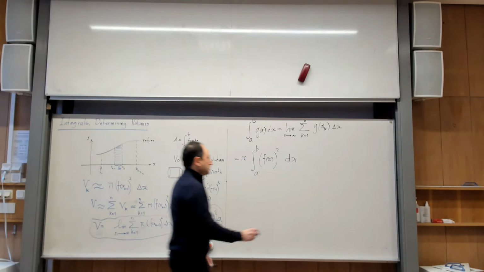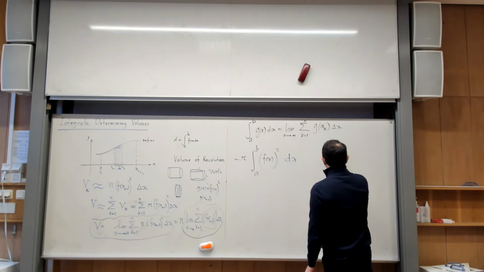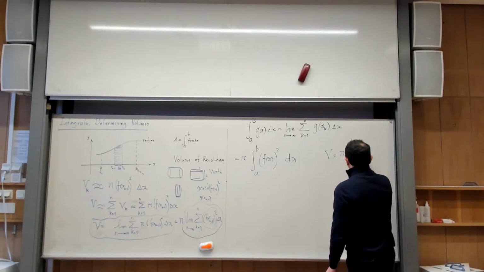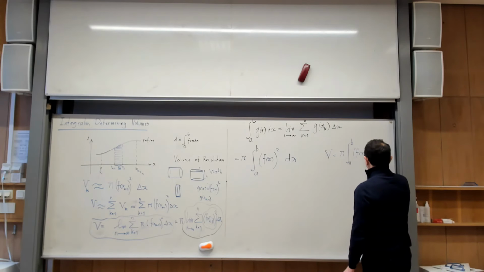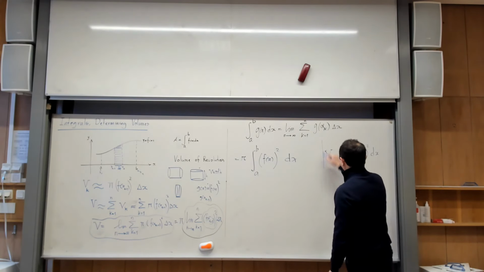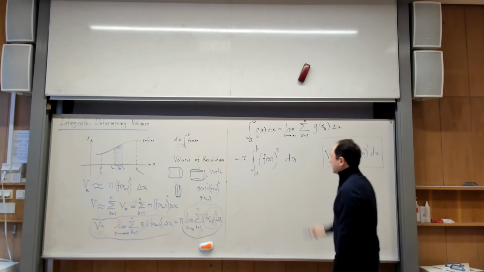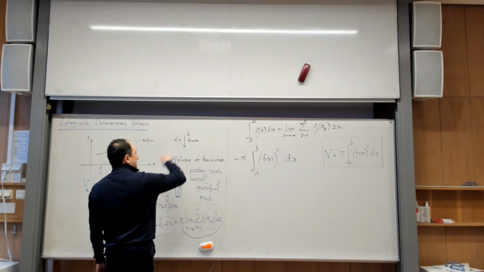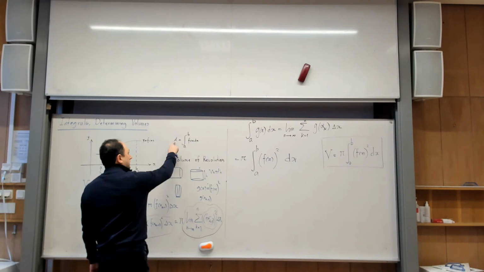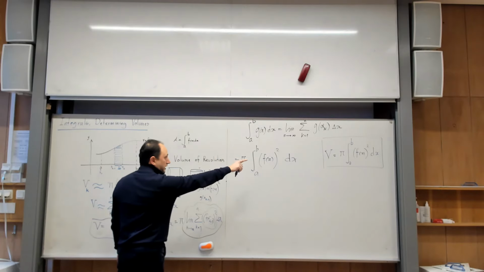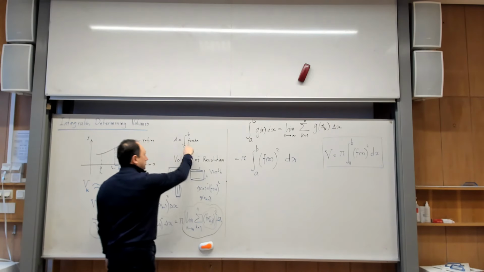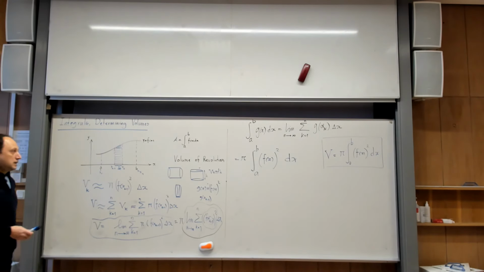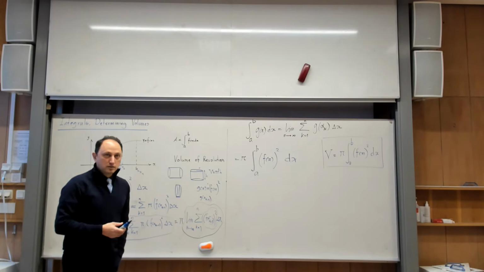So anyway, this volume is this. There are some differences that you need to imagine. There is a pi, which in the limit for the area we don't have, and I have my function squared, but for the area I have the function itself. Let us use the formula to calculate some volumes.